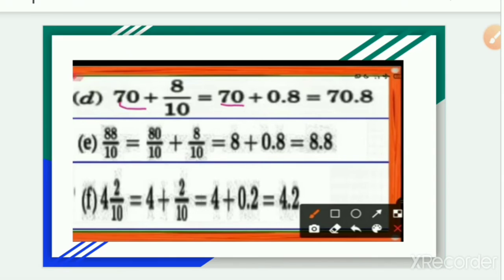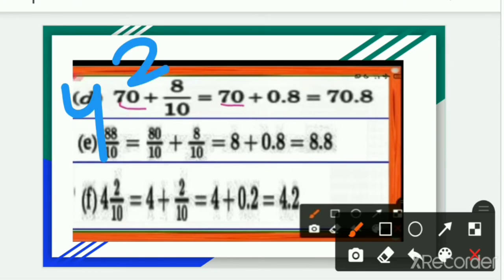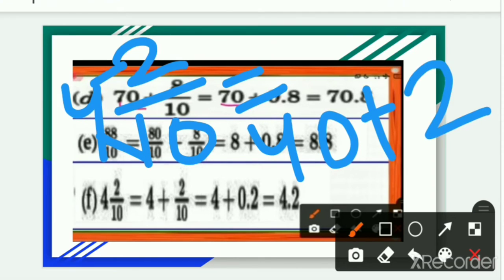Now class, see, next question we are having a mixed fraction, that is 4 2/10. Okay, solve this. Multiply these two numbers, then add 2 in it. That is 10 fours are 40. 40 plus 2 is 42/10. Right?